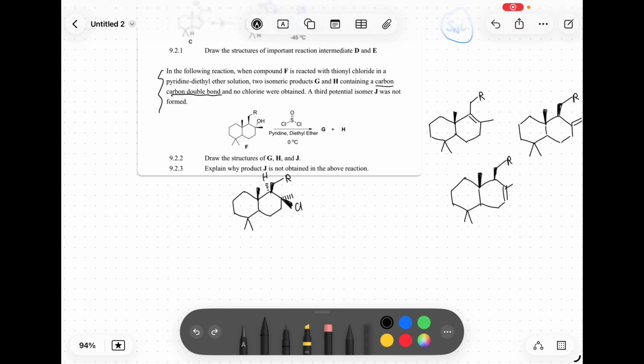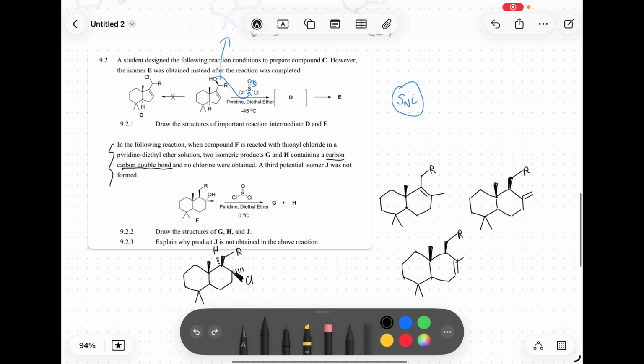Now, my worry here is that if an SN2 reaction has taken place, then there isn't really a reason for explaining why one of these molecules wouldn't be formed. So I guess we have to go back and adjust our assumption that SN2 has taken place between the alcohol and the SOCl2.